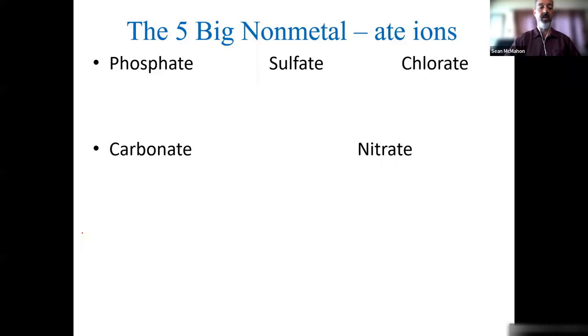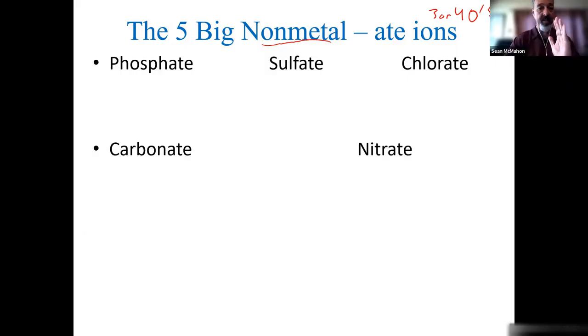Typically when I have a nonmetal eight, one of the 5 big eights, I have the nonmetal and then 3 or 4 oxygens. Don't worry about the number of oxygens just yet. I just want you to look at the name and tell me the nonmetal.